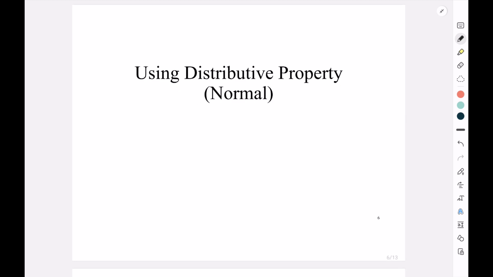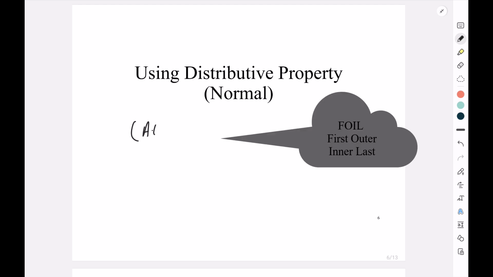So next we have the distributive property. And with the distributive property, we are taking two binomials and we're trying to FOIL them. So if we're given something like (a plus b) times (c plus d), we're multiplying a times c, a times d, and then we're also going to do b times c, b times d.